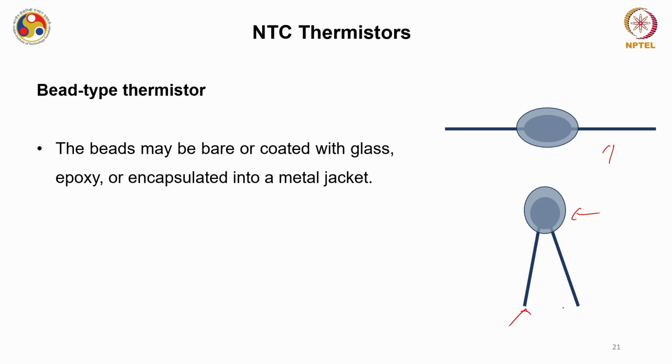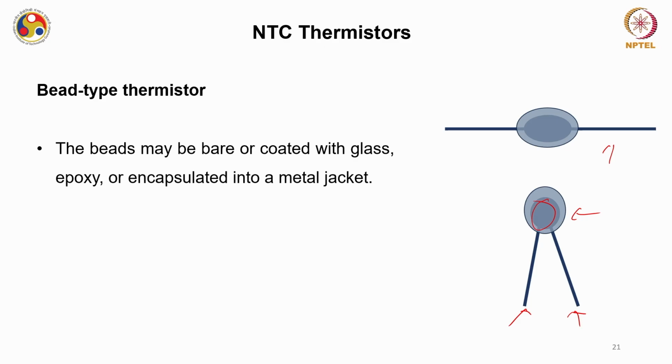Of course, you should have lead for proper contact. This bead is not a bare bead, they are actually coated with glass, epoxy, or they are sometimes encapsulated into a metal jacket depending on what application you are using it for.